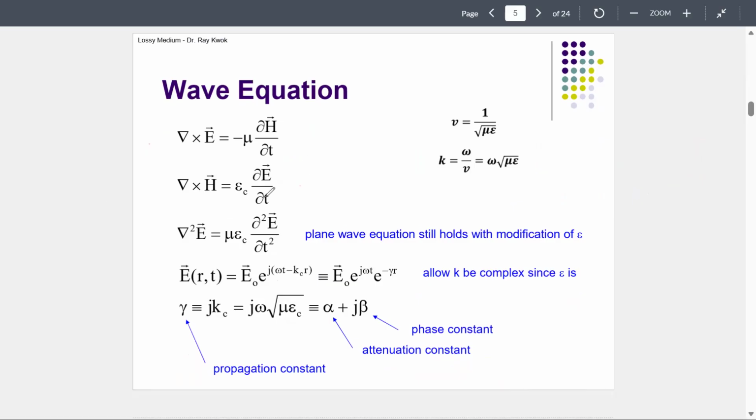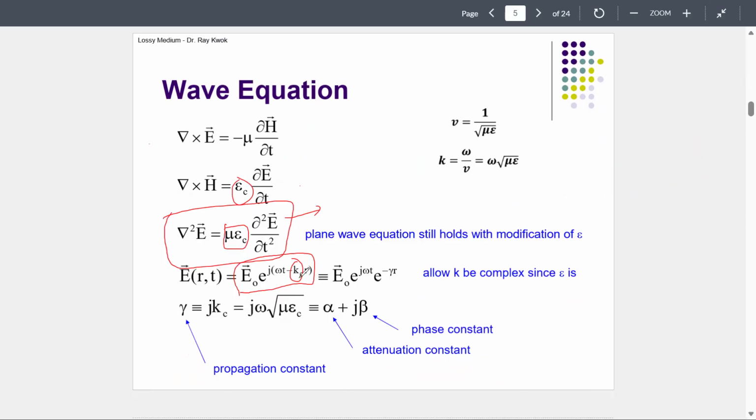When I put this together, this is a complex permittivity. When I put that together, this is the constant of my differential equation. This differential equation tells me the electric field is a traveling wave. So I write the electric field as a traveling wave where K is a complex number, I say Kc.